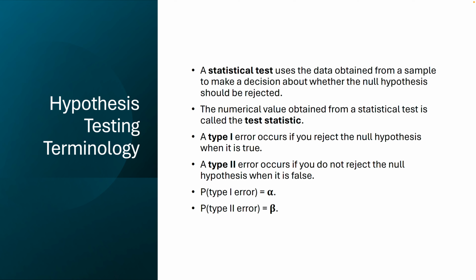The reason is we cannot say whether we know the truth or not. All that we are saying is, do we have the evidence of a certain truth in the sample or not? As a matter of convention, we must know what alpha and beta are, which represent the probabilities of the type 1 error and the type 2 error.